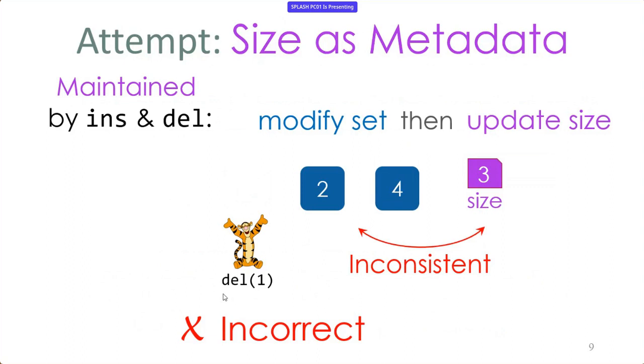But before it gets to update the metadata, we're left with an inconsistent state, because the number of elements in the set and the size field are not the same, right? So if Pooh, for example, starts running right now, he can observe that there are 2 elements in the set, but the size field still has the value of 3. And this inconsistency goes even further.